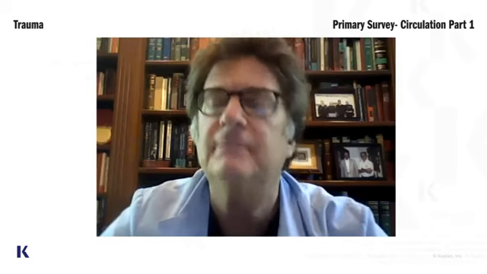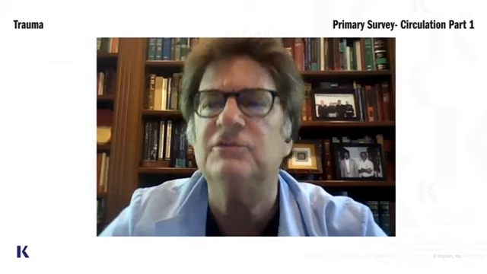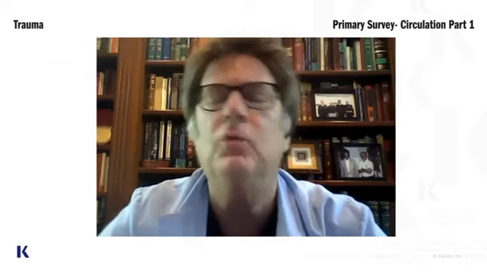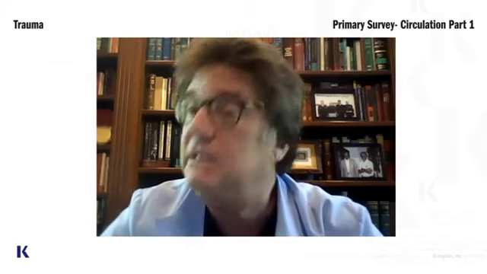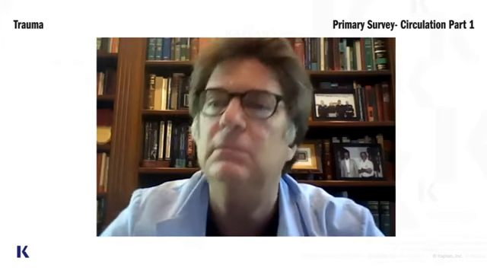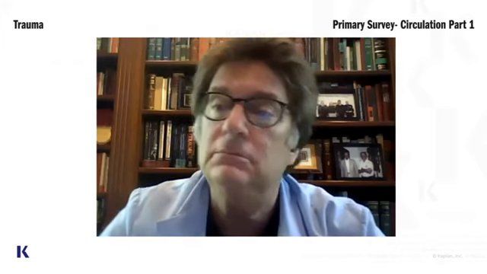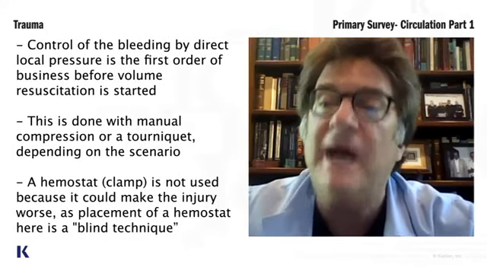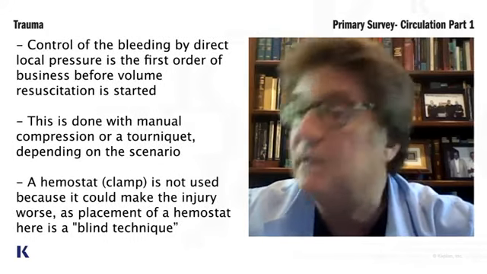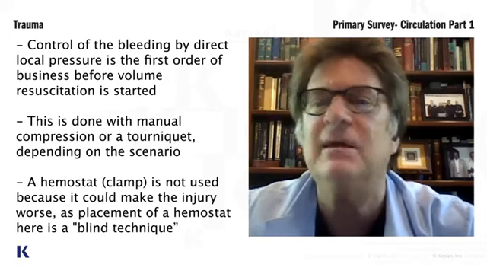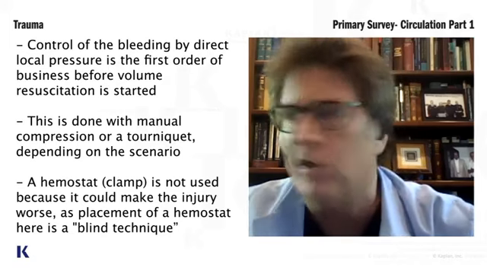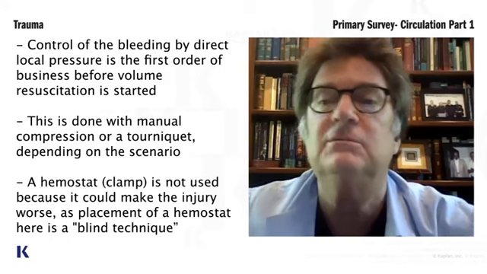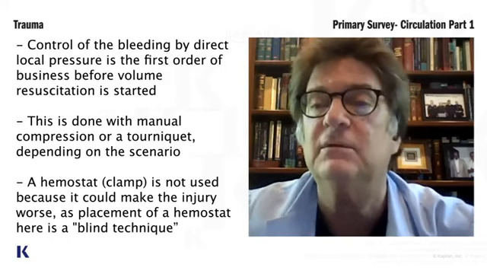And the nurse next to you says, "Doctor, would you like a hemostat, which is a clamp, to stop the bleeding?" You do not use a hemostat, a clamp. So you might say, why wouldn't you? It's sterile. You could be accurate with it. Why wouldn't you?